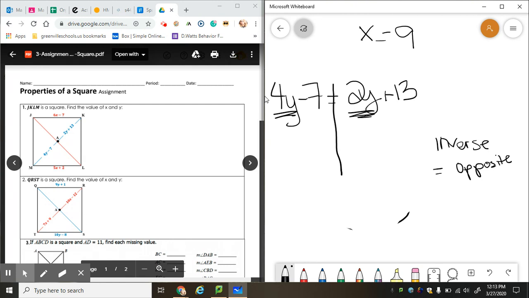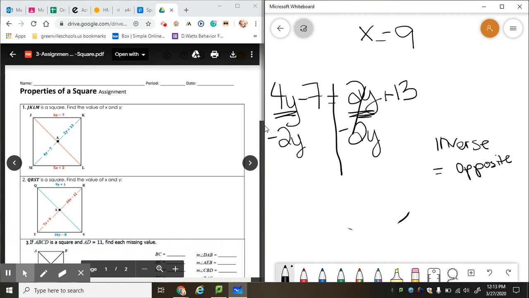I'm going to move the 2y. It's positive because there's nothing in front of it. So I'm going to subtract 2y from both sides, and those will cross out. Then I'm going to simplify and bring things down.